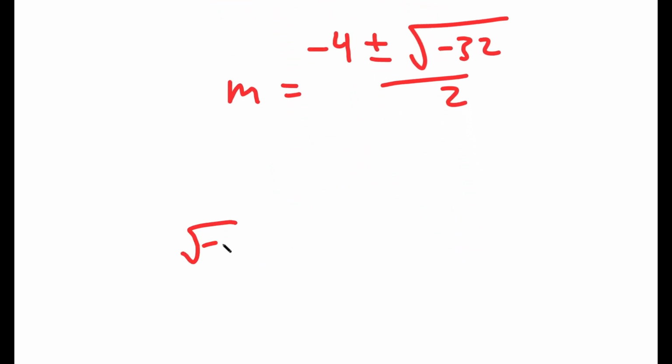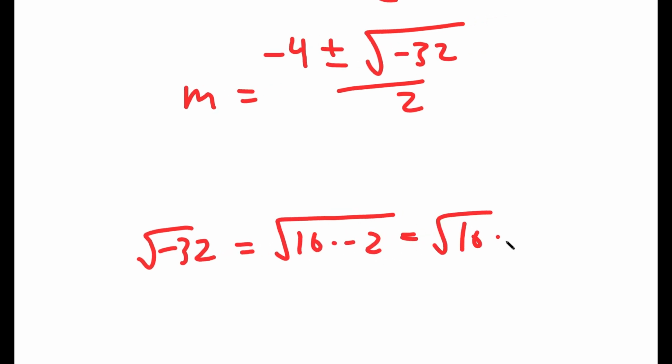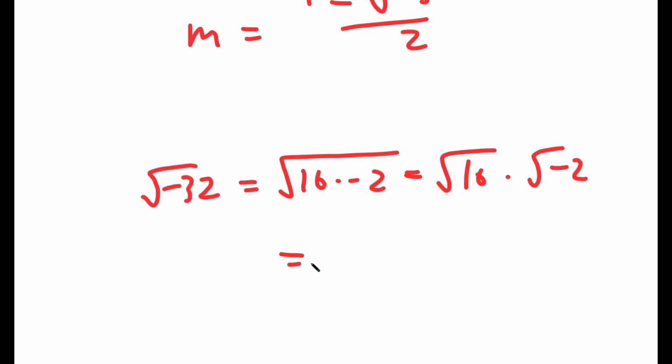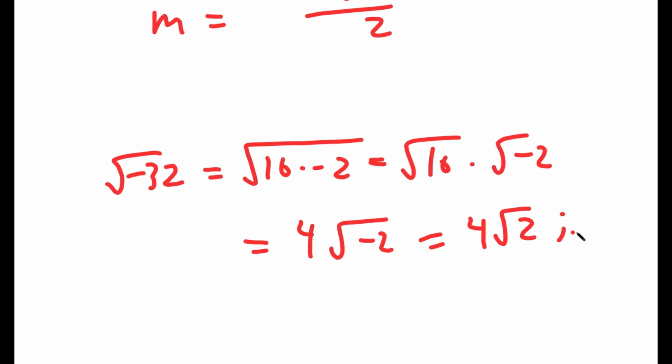Now, the square root of negative 32 is the same thing as the square root of 16 times negative 2, which is the square root of 16 times the square root of negative 2, which is equal to 4 root negative 2, which is equal to 4 root 2i. i is equal to the square root of negative 1. So the square root of negative 1 times the square root of negative 2 is the square root of negative 2.